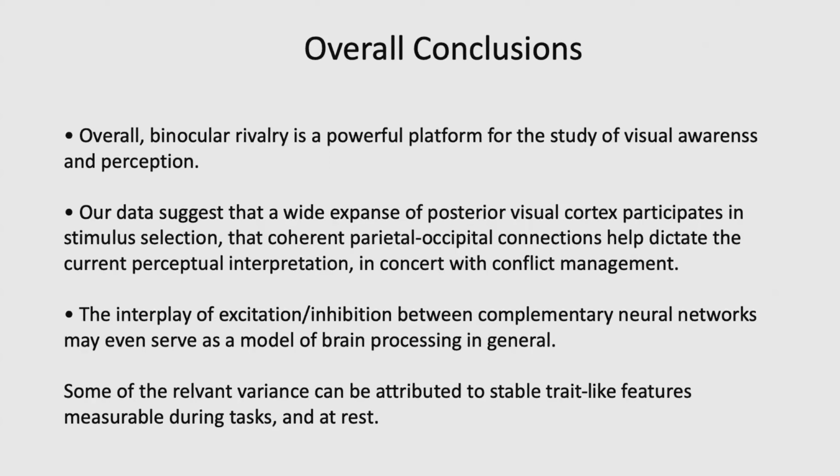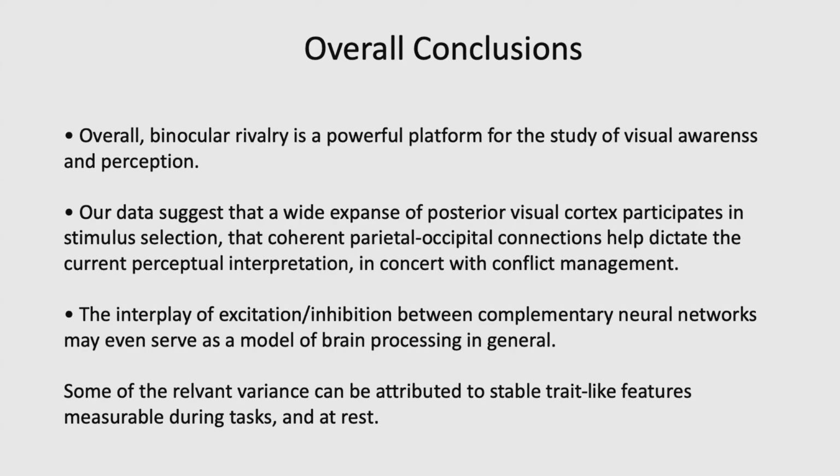It's also quite interesting to me that some of the relevant variance here can certainly be attributed to stable trait-like features. We can predict rivalry rate based on various metrics during tasks, and we can also predict rivalry rate based on some features of resting state MEG data as well. I have a few more slides where I could talk about that if anybody was deeply interested.